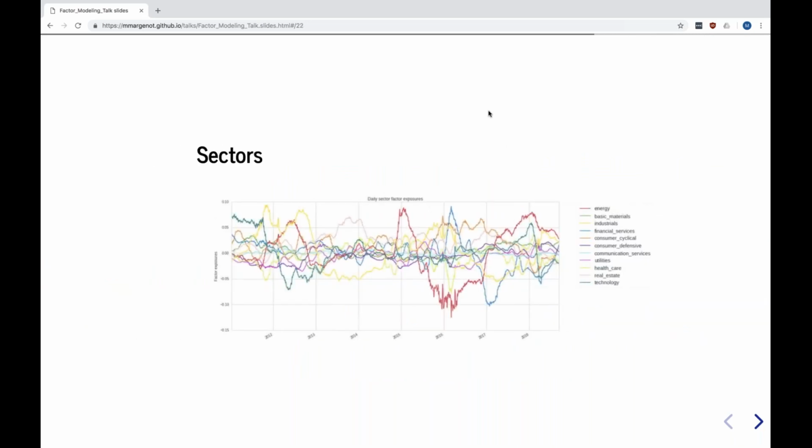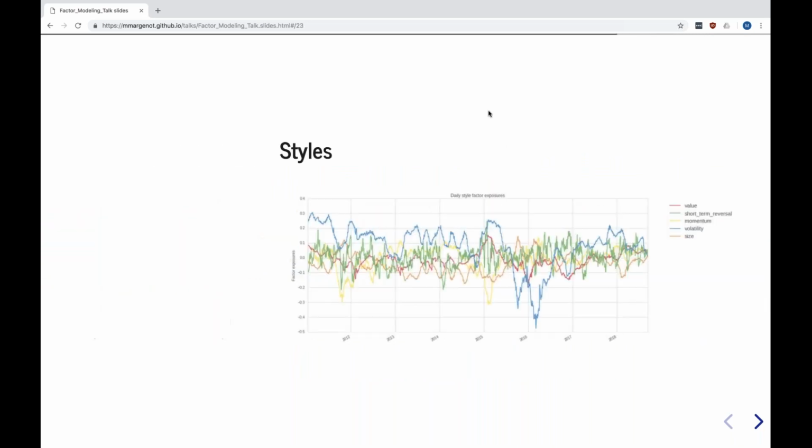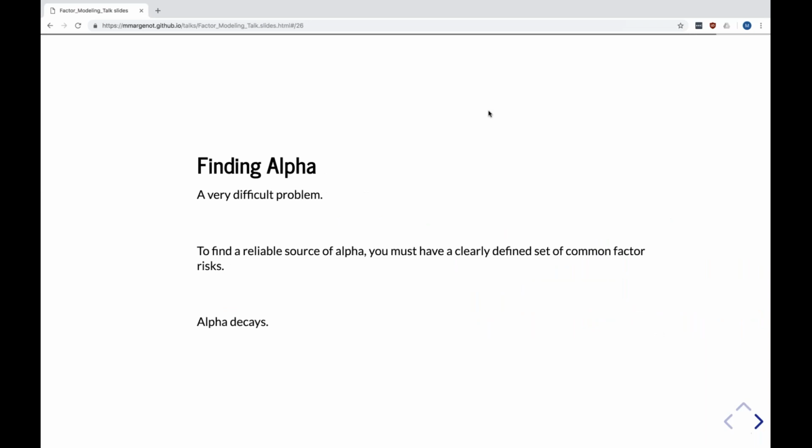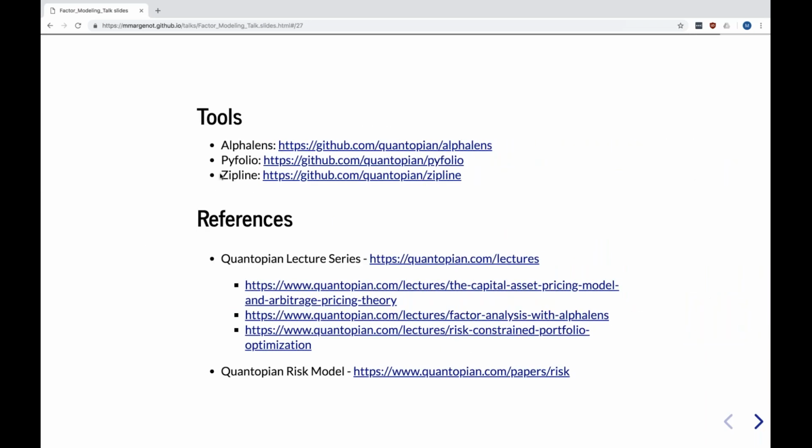Folio is what kind of breaks down stuff into sectors and into individual styles. Then this zipline library is where I define my pipeline factors and how I efficiently define factors across universes and how I actually filter down my universe. It lets me get individual factors for every single security in my universe every single day.